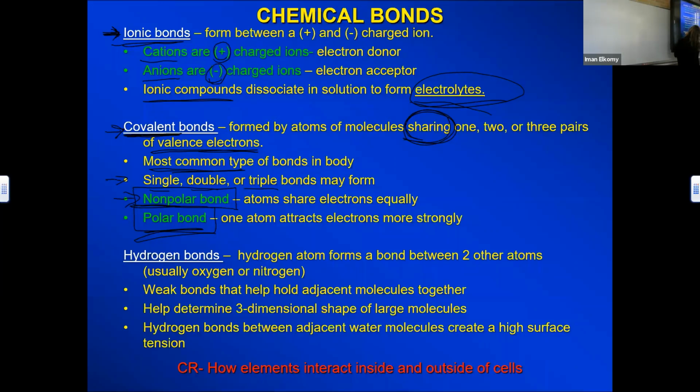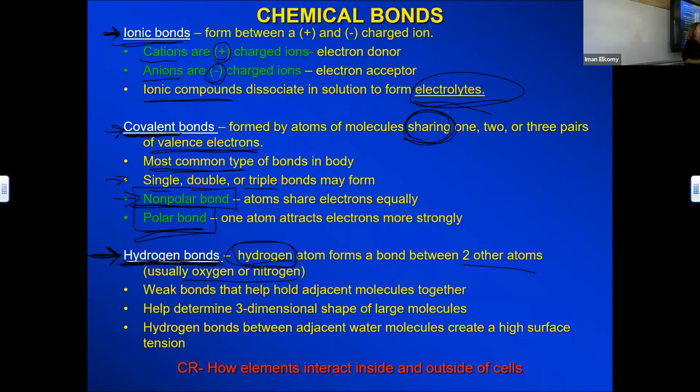And then we have hydrogen bonds. So this is my third type of bond that I want you to know. Okay, hydrogen bonds. Just from the name, it says hydrogen. This is when hydrogen is going to form a bond with two other atoms. And that's telling you here, it's usually oxygen and nitrogen.